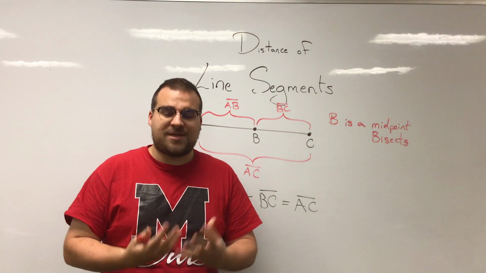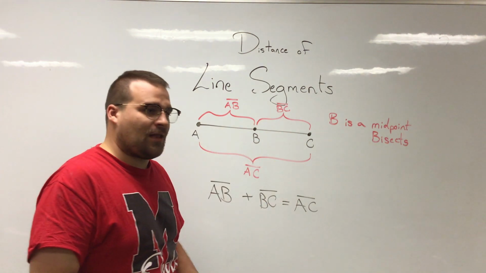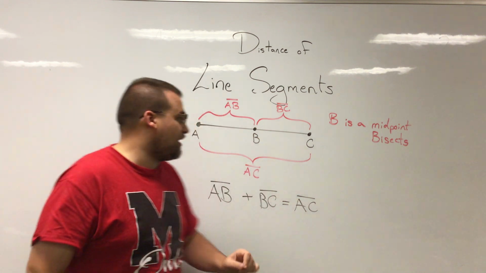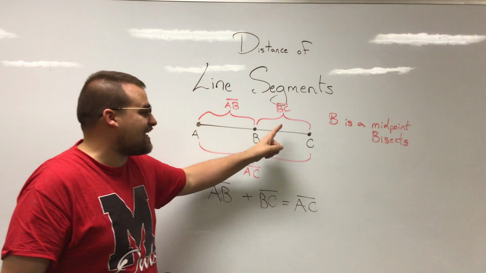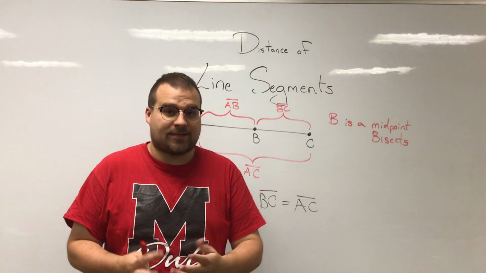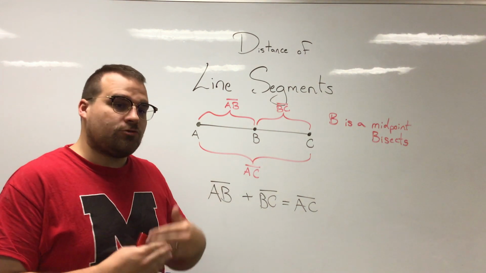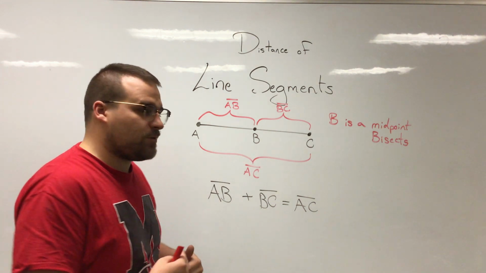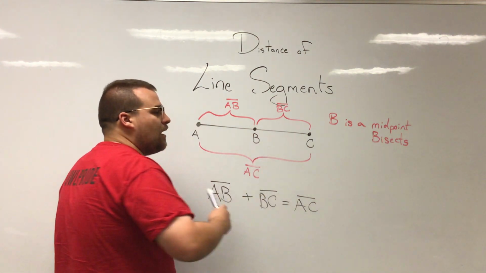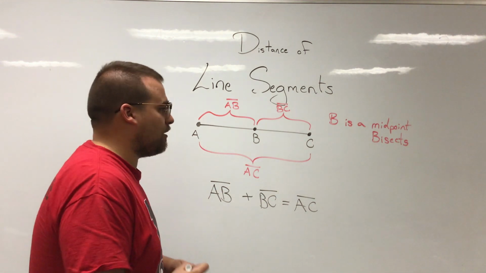Now, whenever you have a midpoint, it quite literally means that it splits that line segment into equivalent halves, saying this is the exact same as this, at least in terms of distance or size. So that is a conclusion that we can draw whenever we hear something like B is a midpoint or B bisects the segment. Again, those two mean the exact same thing.